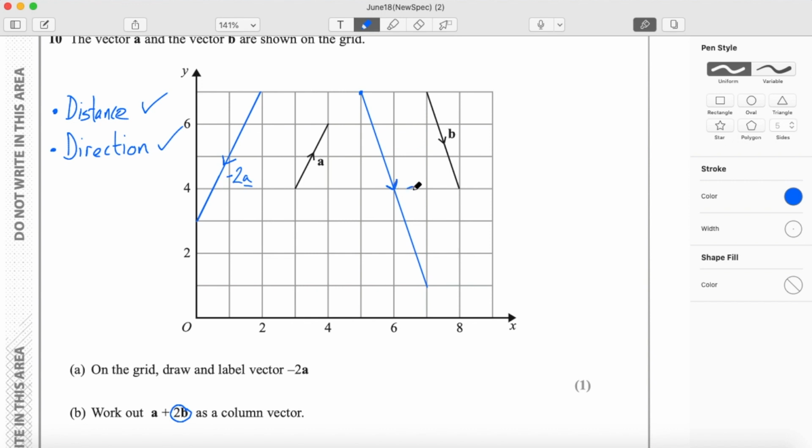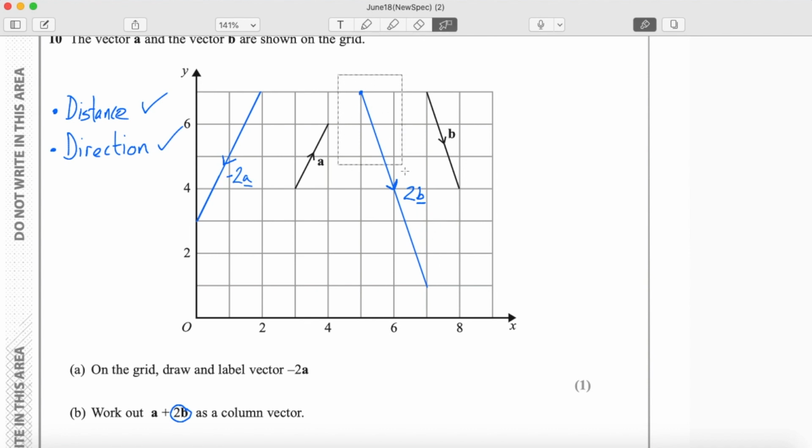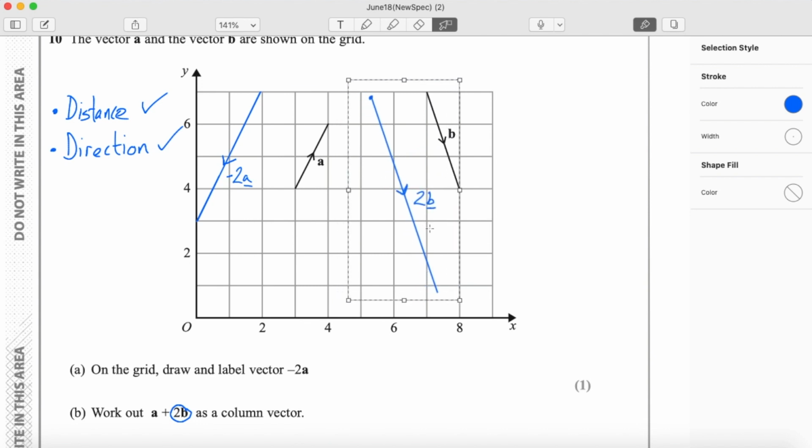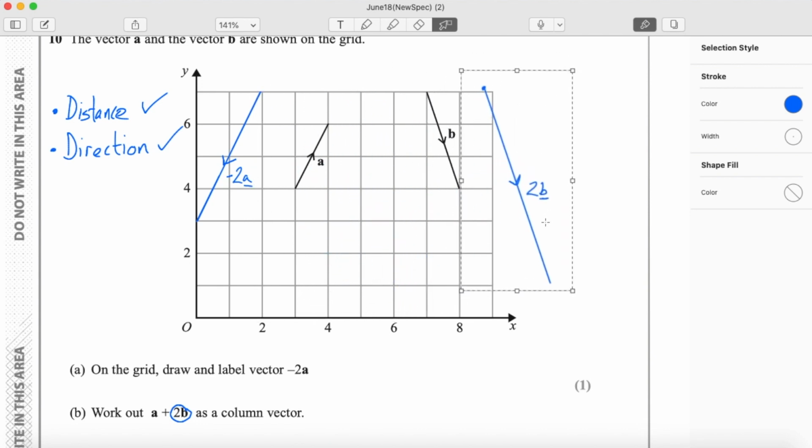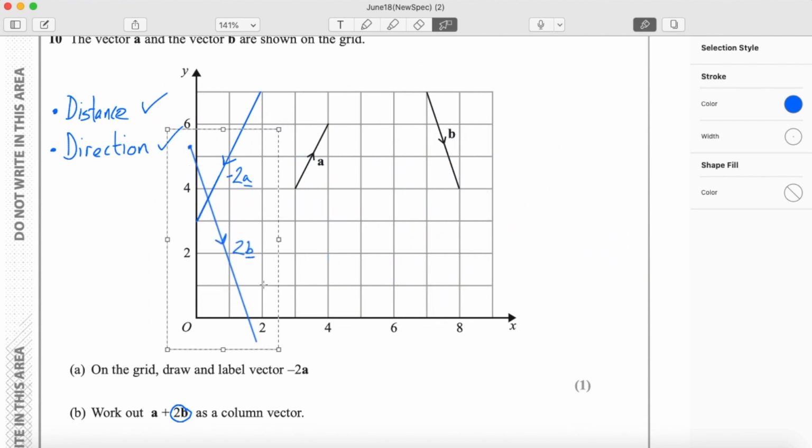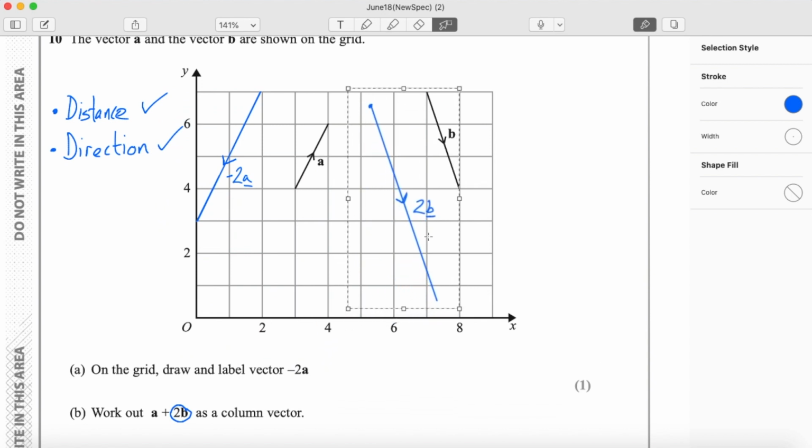And 2B is going to go in the same direction as B. So there's 2B, and due to it being a vector, it can go anywhere and it will still always be 2B, regardless of where it goes. We're asked in part B to work out A plus 2B as a column vector.